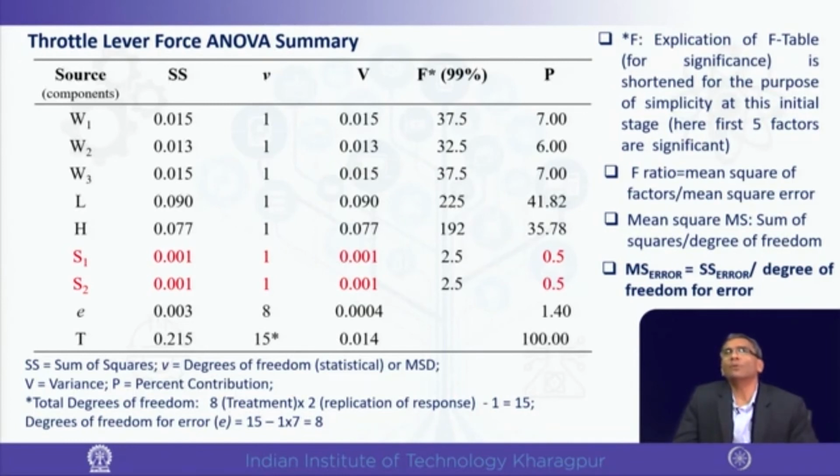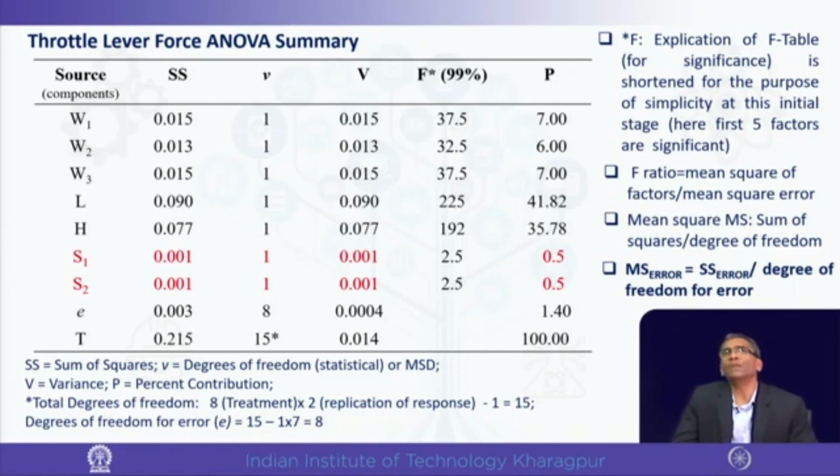And the F table, the calculation I have already discussed, and these are the values. There is a table called F table. Again, I do not want to burden you with this; you Google and find these F tables at the different confidence levels.